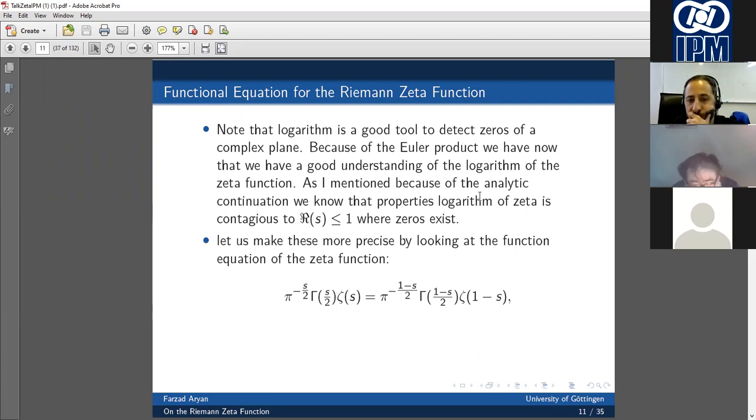One way of looking at it is from the functional equation of the Riemann zeta function. As you can see, in a simple way, I can write zeta of s as some understandable function times zeta of 1 minus s. So when you know zeta of s for real part of s bigger than 1, basically you know zeta of s for real part of s smaller than 0.